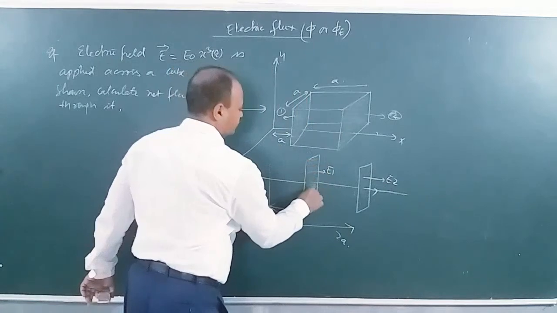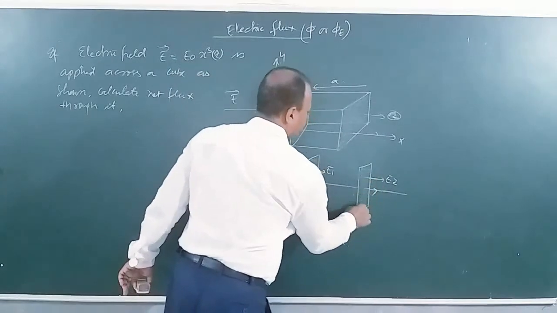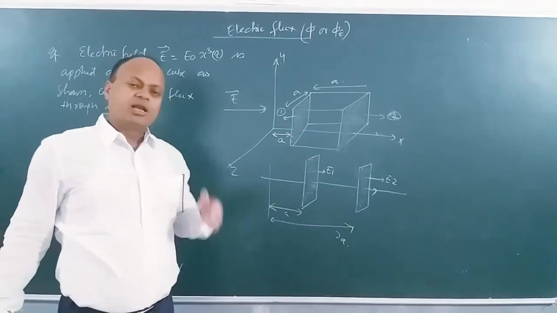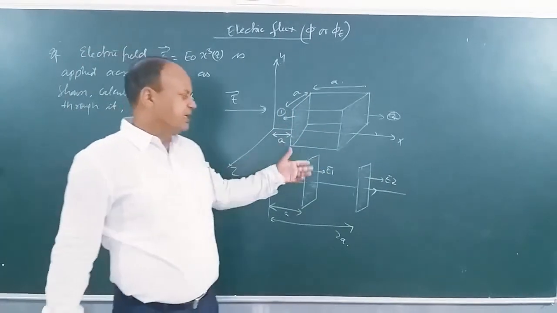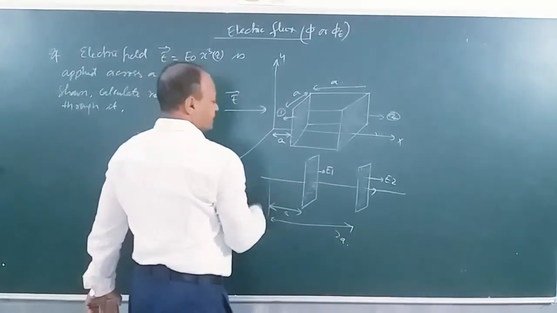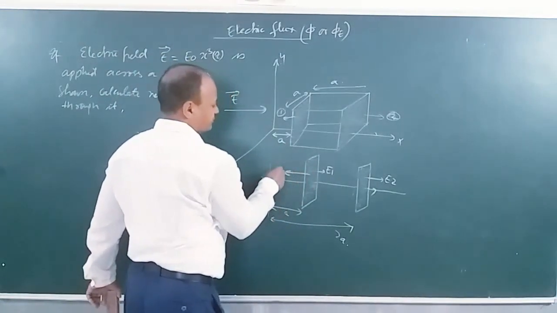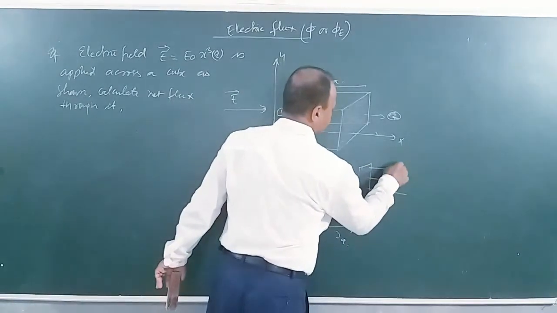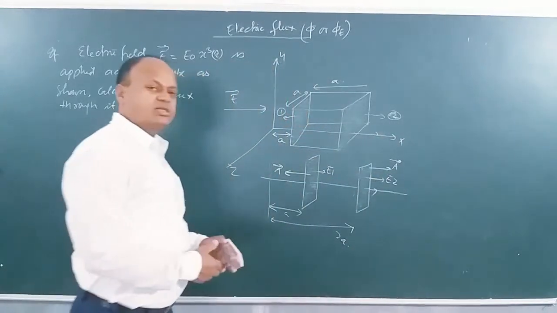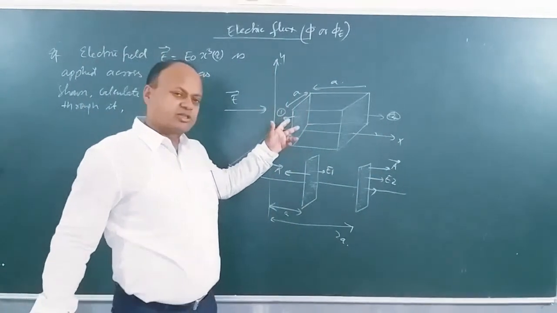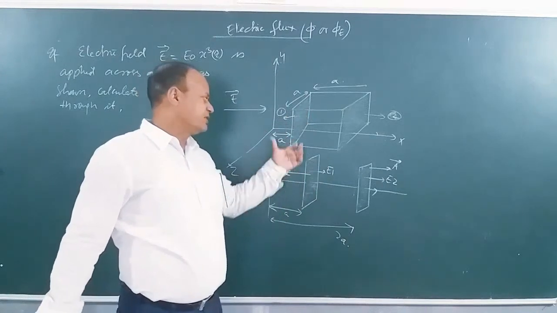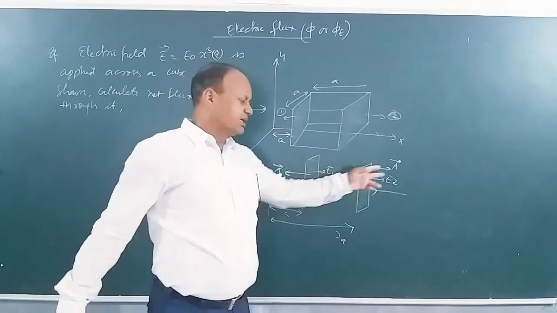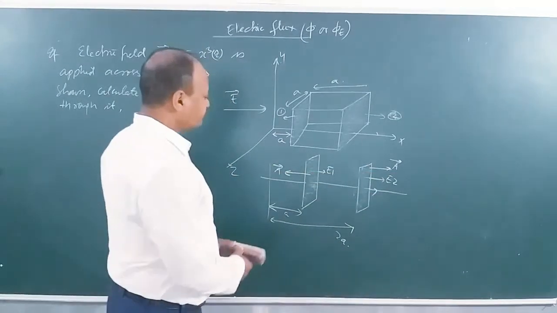Then we have field through this surface and field through this surface. For the remaining four surfaces the electric flux will be 0, because of the angle between electric field and area vector. Now see, in this case I will consider the area vector like this, A, and in this case I will consider the area vector like this. This is A, because in case of a 3-dimensional closed surface, the area vector will be directed for each surface perpendicularly outwards. So this is A this side, this is A inside.